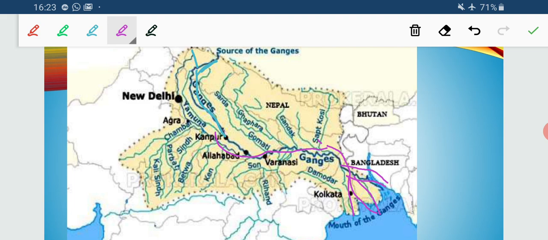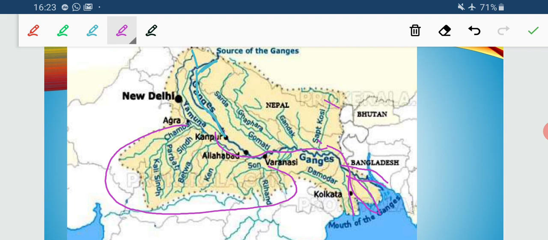Okay, and here you can see Chambal, Kali Sindh, Betwa, Ken, Sindh, Son, Rihand, these are considered as the peninsular tributaries or the non-perennial tributaries of river Ganga. And the perennial tributaries are Yamuna, Sarda, Ghagra, Gomti, Gandak, Kosi.